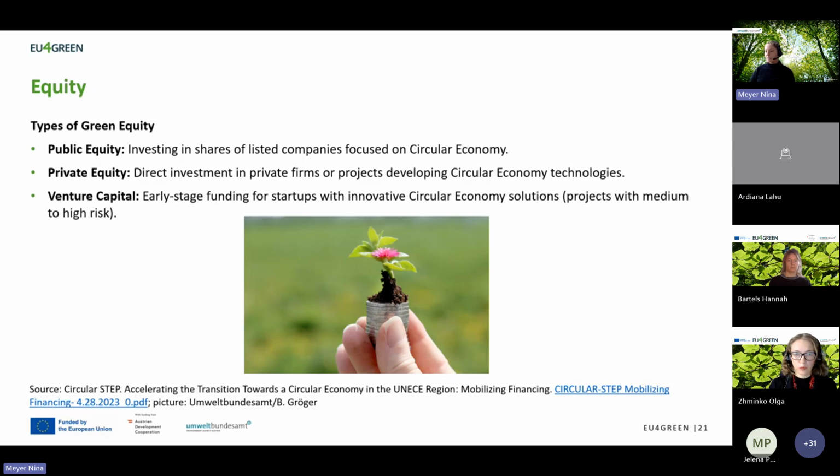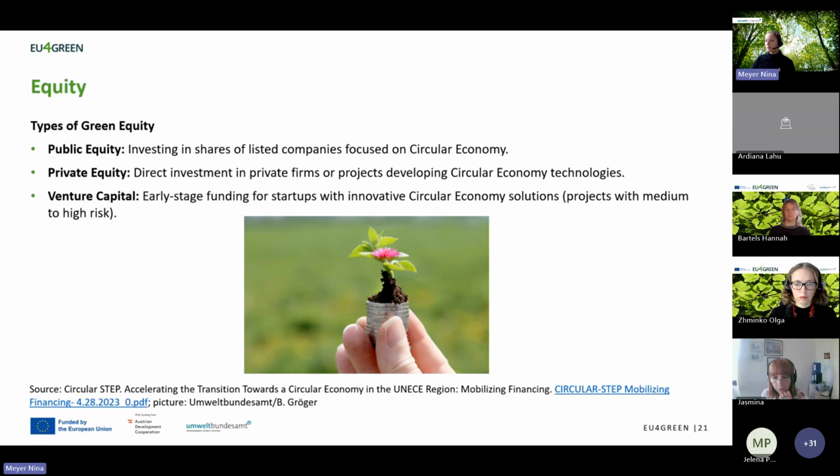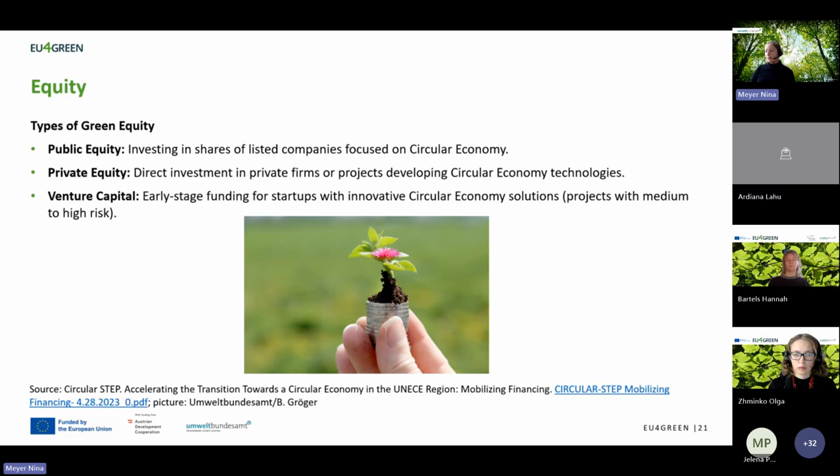We have three types of equity: public equity, which is investing in shares of listed companies, in our case focused on circular economy; private equity, so direct investment in private firms or projects developing circular economy technologies in our case; and then we have venture capital, which is usually for projects with high risk, and usually for early stage funding for startups, for circular economy solutions, for innovative projects.